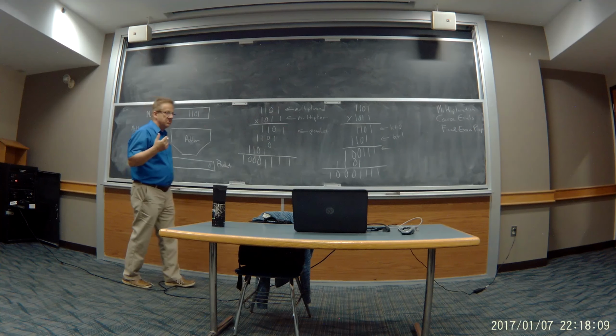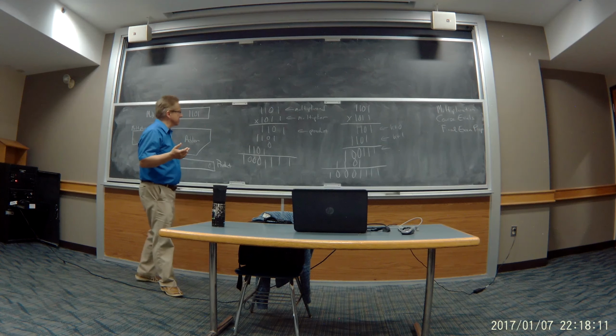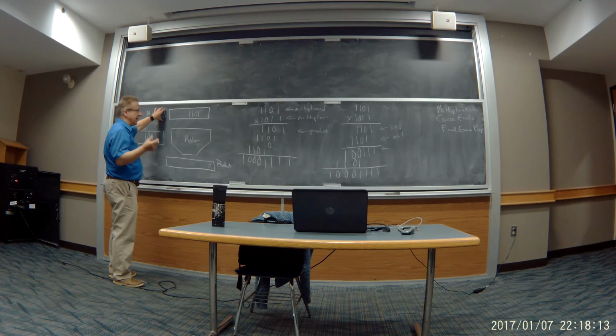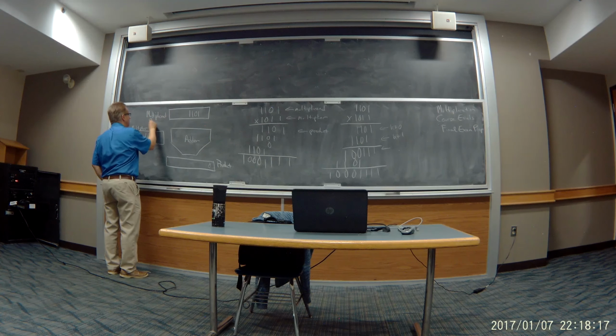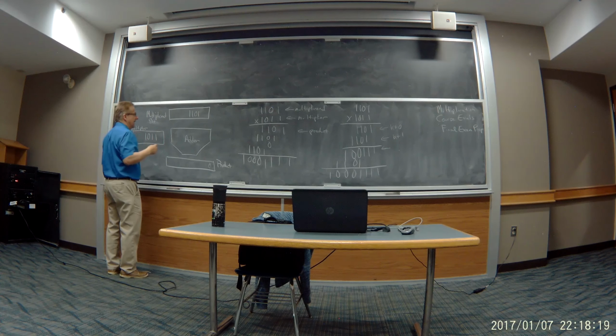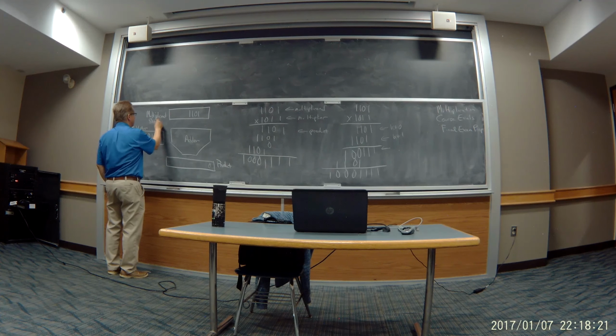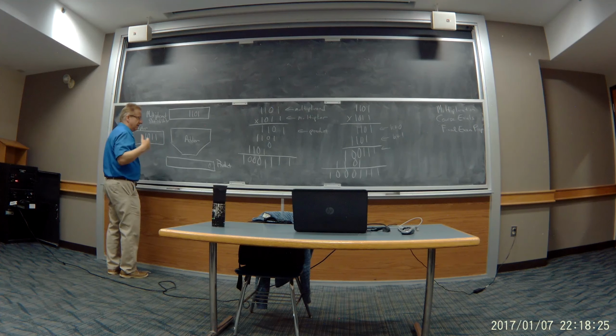Now, in terms of the size of these registers, this register in our 4-bit example is actually going to need to be an 8-bit register. And in a 32-bit multiply, in the real world, this would have to be 64 bits wide for reasons that I'll point out shortly.